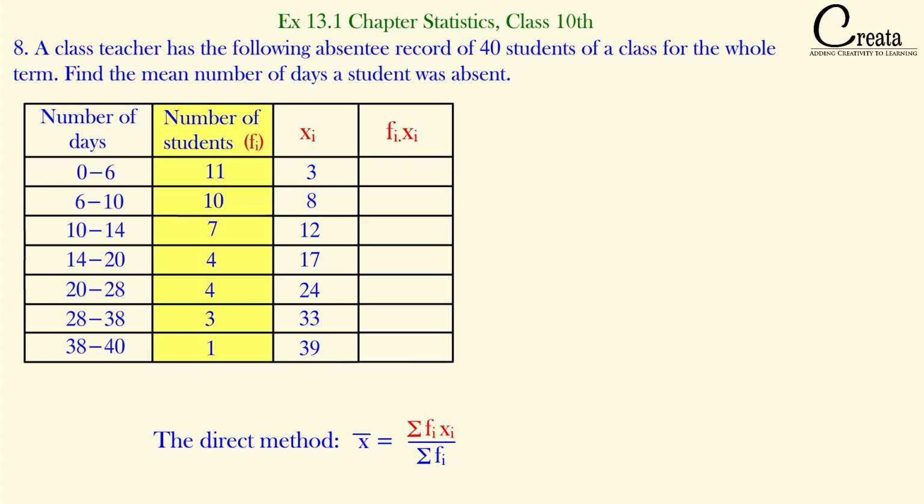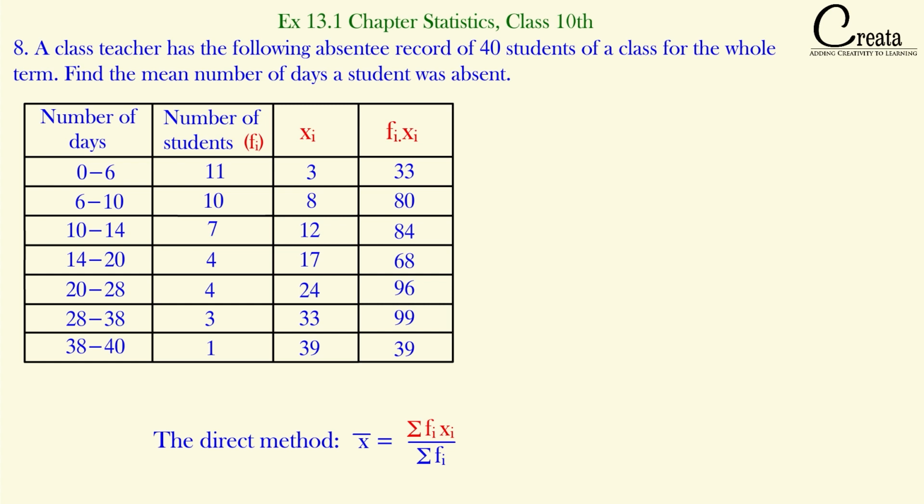Let's multiply fi and xi. 11 into 3 is 33, 10 into 8 is 80, 7 into 12 is 84. Similarly we got 68, 96, 99 and 39. We have simply multiplied fi and xi for all the rows.